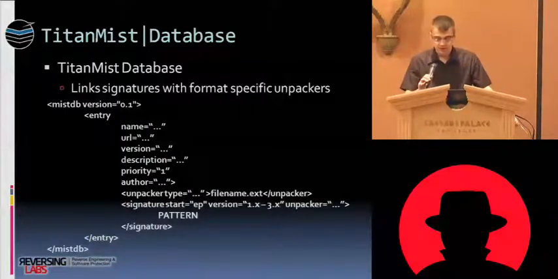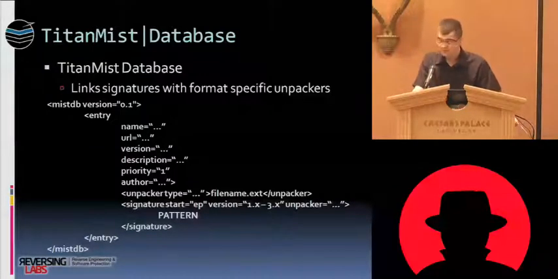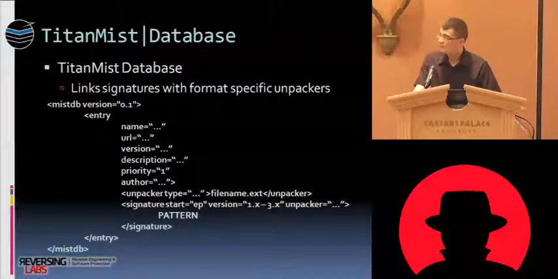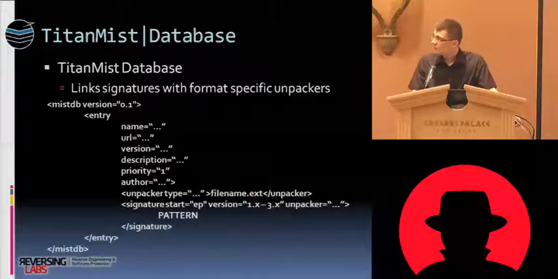So the database looks like this. It's basically an XML file which has all the signatures and all the patterns you need to identify files. So if you look at the sample XML output, it's basically a database of entries. And by entry we mean one or more signatures that connect that entry to a specific format.